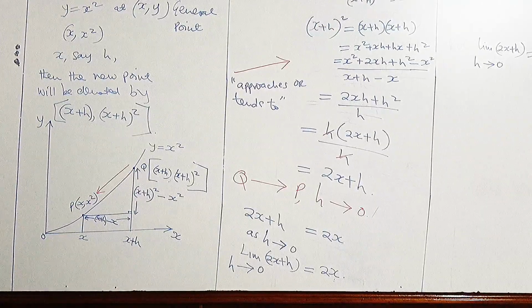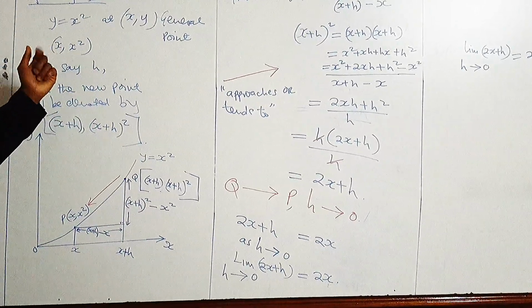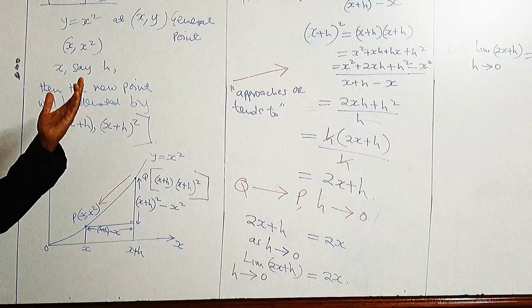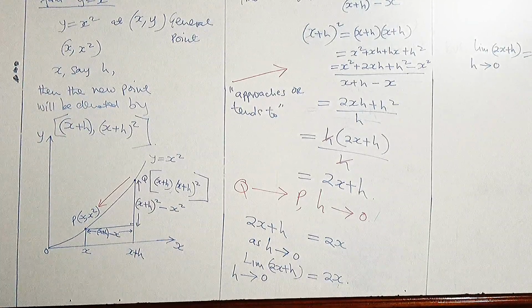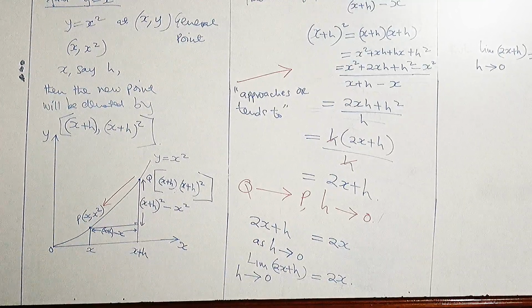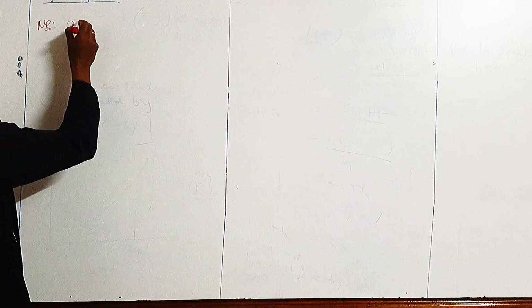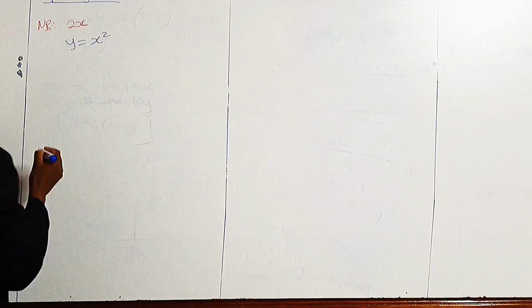Note that this 2x, the gradient function of the curve y equals x squared, can be used to get the gradient at any point on that curve. The expression 2x obtained is called the gradient function of the curve y equals x squared.